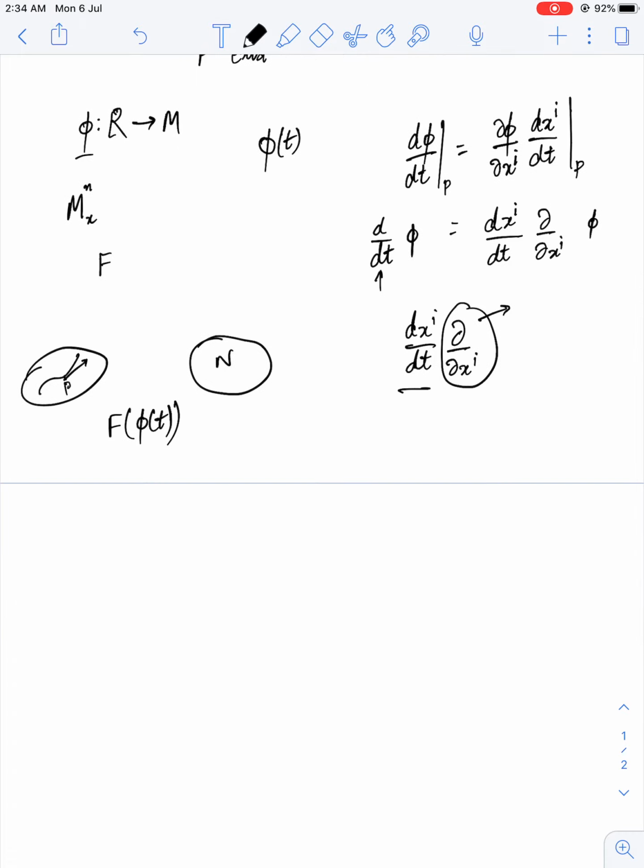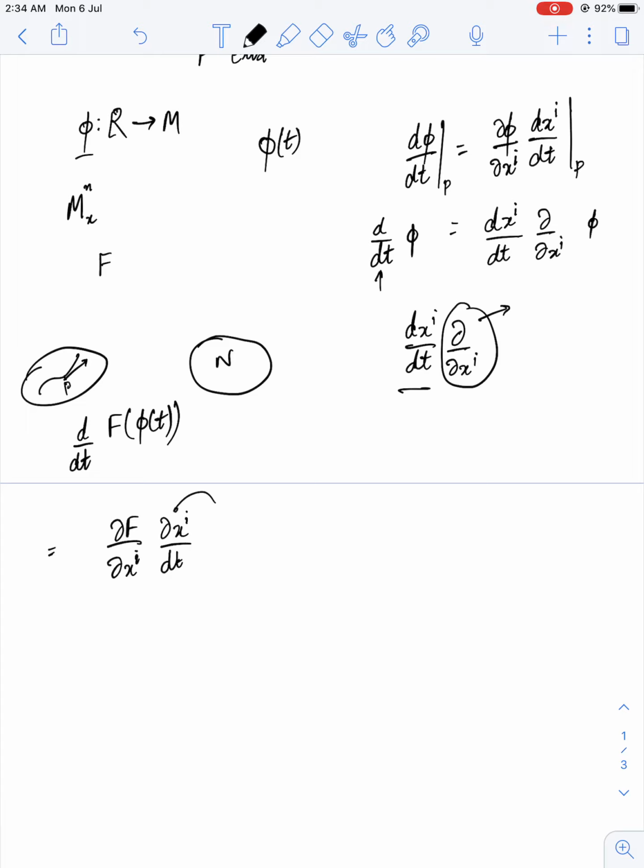But basically, if you differentiate with respect to t and use the chain rule, you get df by dxi times dxi by dt, where xi are the coordinates of the function phi.